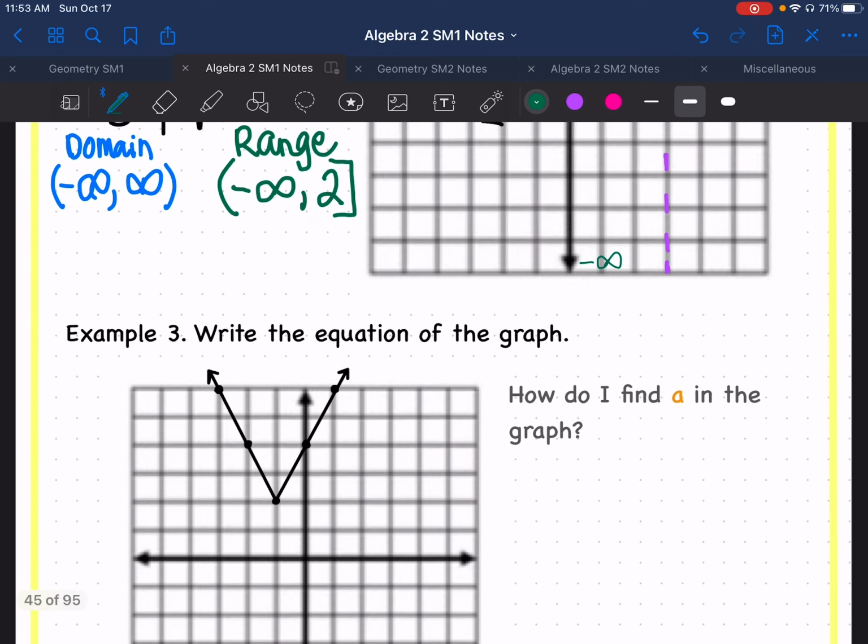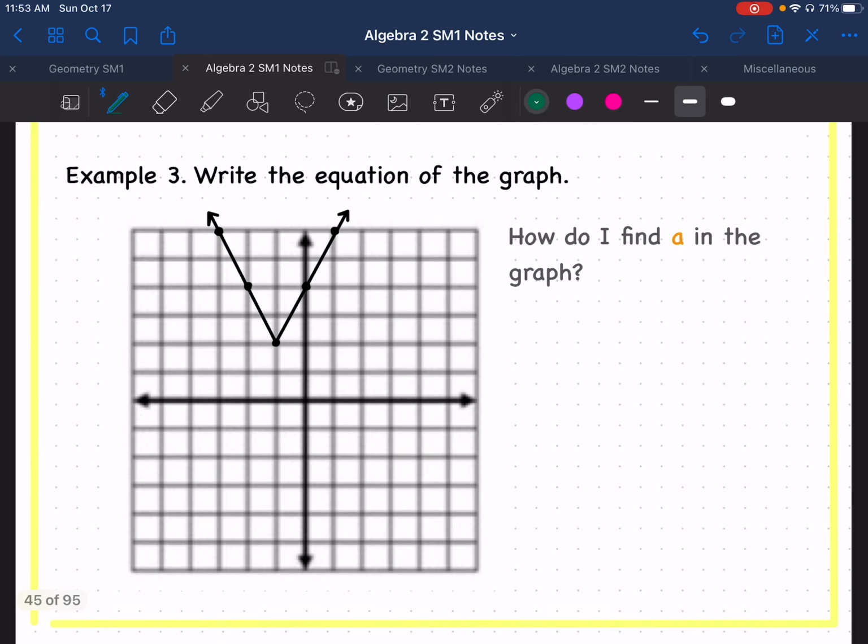All right. Our last example today is how can I write the equation of the graph when I'm just given what the graph looks like? So write the equation of the graph. I can find the vertex on this graph. My question is, how do I find A? So I'm going to use this right here to write my equation.